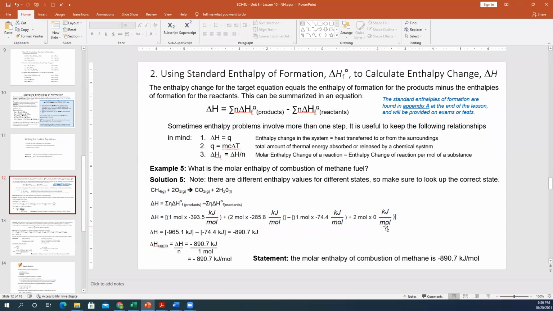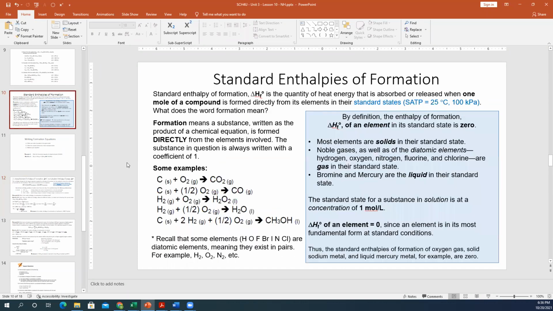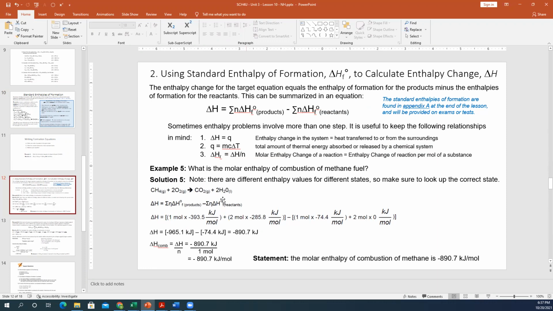And we know it's 0 because, looking back at what we were talking about in our slides, by definition, the enthalpy of formation of an element in its standard state is 0. So oxygen is an element, its standard state is gas. And here we have oxygen in its standard gaseous state. So we know that we are okay to give it 0.